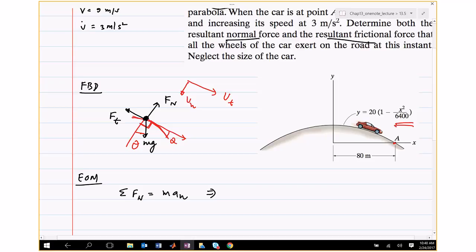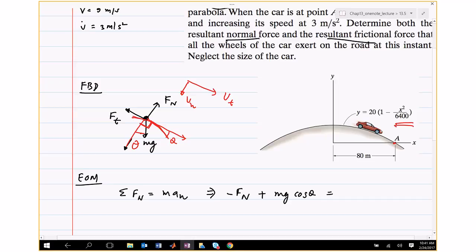The normal force Fn acts in the direction opposite to un, so I'll put that with a negative sign. There is mg, which is acting downwards. I need to resolve it along the normal direction, so that's going to be mg cosine theta. And when I resolve this, it's going to be in this direction, so this is going to be positive because it's in the positive un direction.